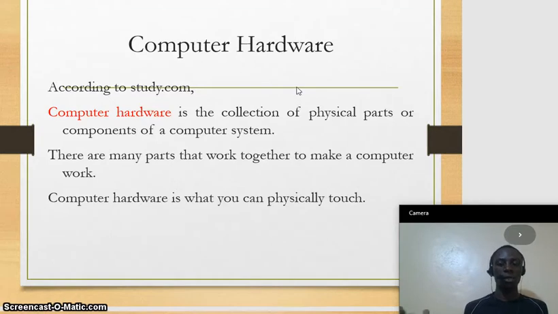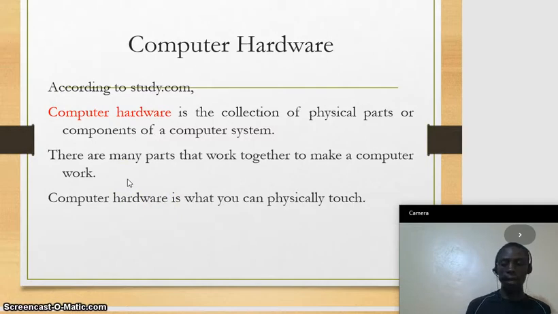There are many parts that work together to make a computer work. So computer hardware is what you can physically touch.